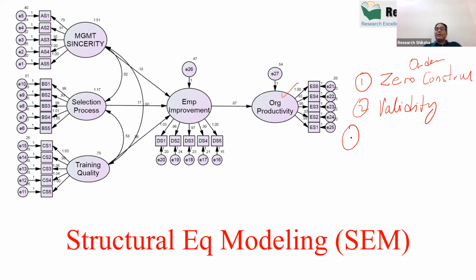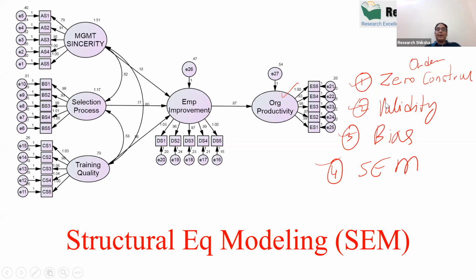Then I will check the biasness, and then I will check the SEM. So these are the 4 steps I will show you in this workshop. Apart from them, there are many things, but I hope if I complete all the 4 steps in this workshop, that is enough, and you will get some understanding of the procedure we are following.